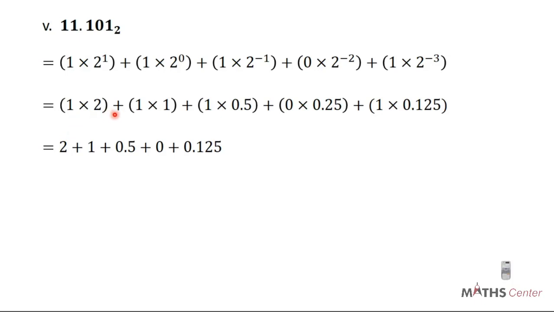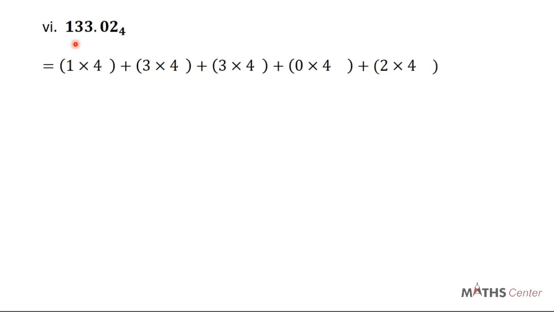So 1 times 2 will give us 2, 1 times 1 will give us 1, 1 times 0.5 will give us 0.5, 0 times 0.25 will give us 0, 1 times 0.125 will give us 0.125. So we add everything here, we are getting 3.625. So we can say that if you convert 1.101 base 2 to base 10, you get 3.625.